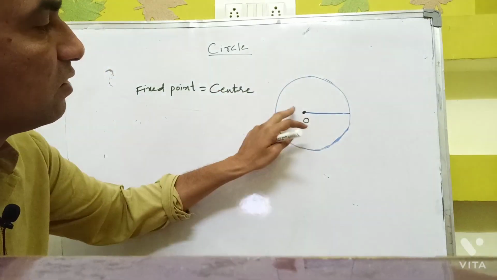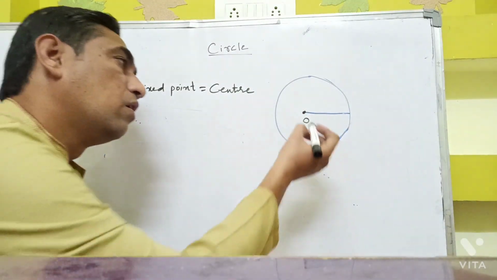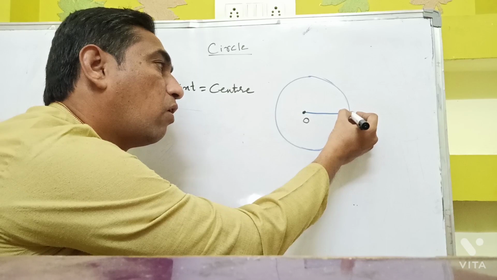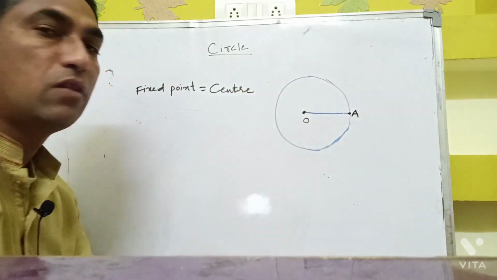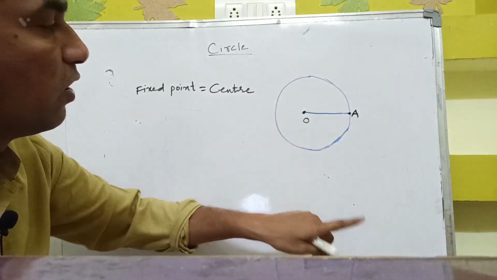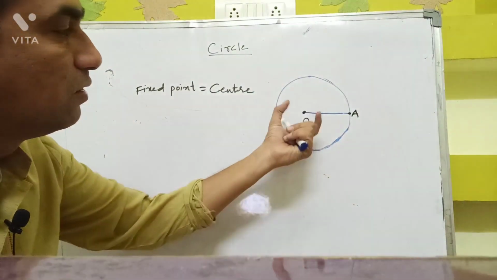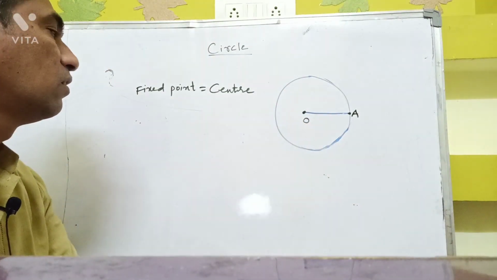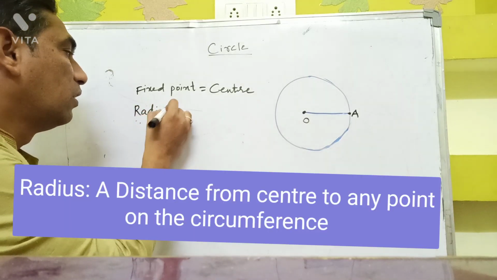Now I said this fixed distance, from where to where? From the center to any point on the circumference, that is the boundary. If we join the center to any point on the circle, this distance is known as the radius.